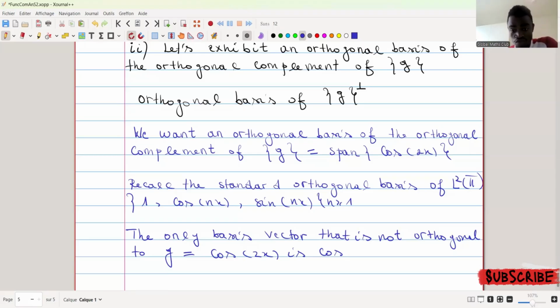You also have to know the notion of orthogonality in Hilbert spaces: if you compute the inner product between two functions and you have 0, it means that the two functions are orthogonal.